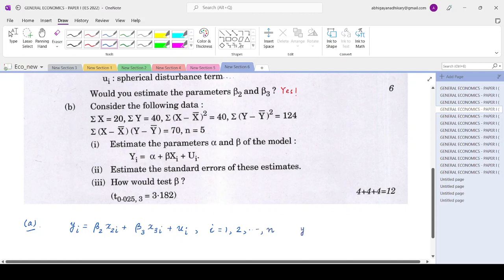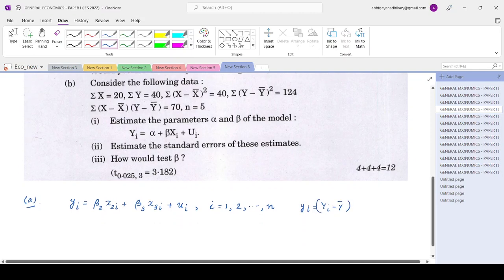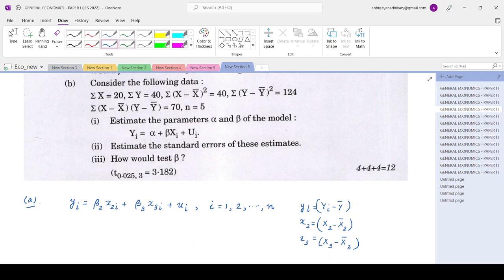Over here, small yi is basically in deviation form, meaning a difference has been taken about the mean. Similarly, what is small x2? It is capital X2 minus x2 bar. And what is small x3? It is capital X3 minus x3 bar. These are the three things that have been done.